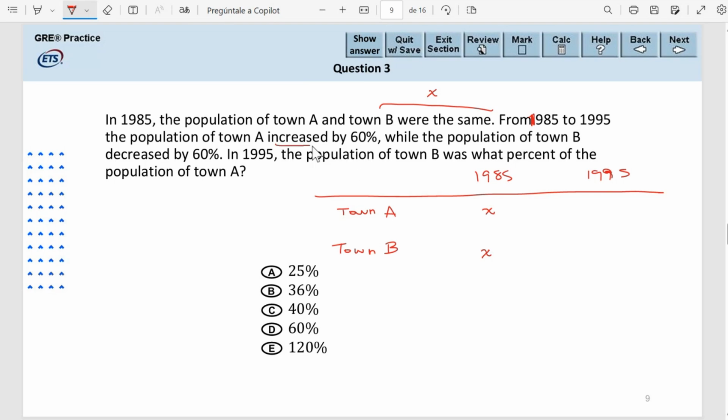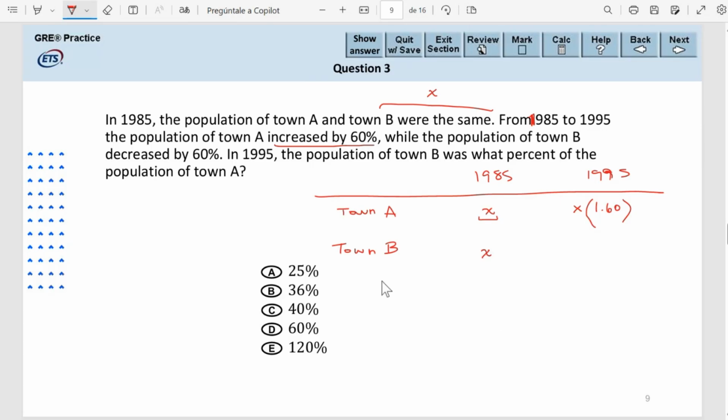So this implies that in terms of the initial population in year 1985, this could be expressed as X multiplied by the factor 100 plus 60 over 100, that represents an increase of 60%, or simply 1.60 or 1.6.